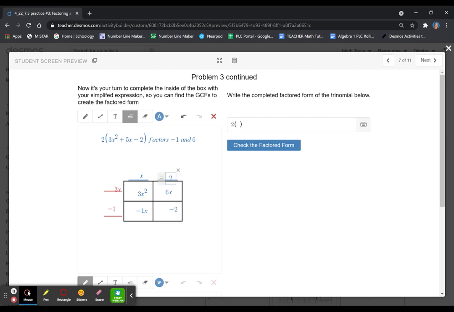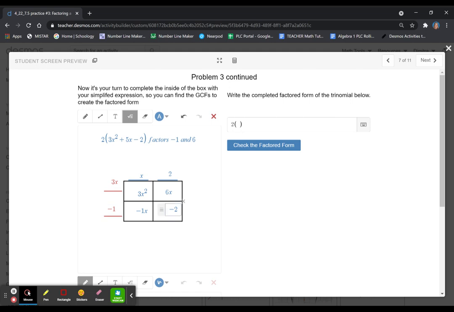All right, so let's double check. And remember earlier I was just going through the motions and I wasn't really checking and I got it wrong for problem 1. So let's really check this. So x times 3x is 3x squared. Okay, so 2 times 3x is 6x. X times negative 1 is negative 1x.